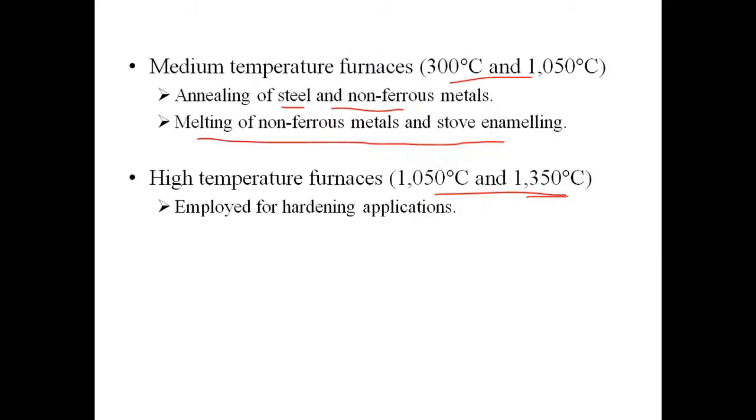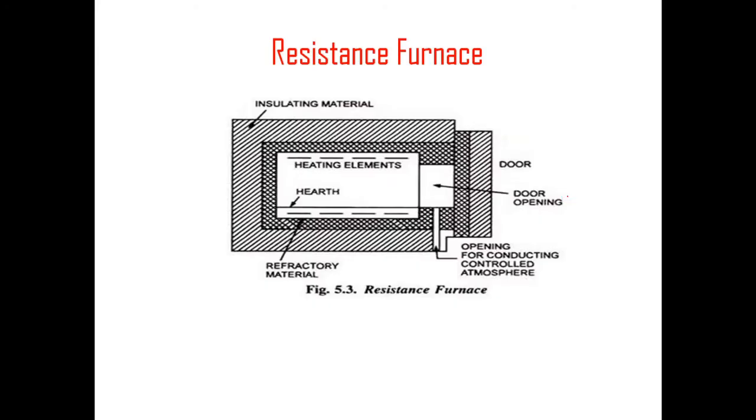So now let's have a look at the view of a resistance furnace. This picture is for a resistance furnace at low temperature. It means resistance oven. In the oven we will have a door, and we open the door, and we have some opening for conducting controlled atmosphere.